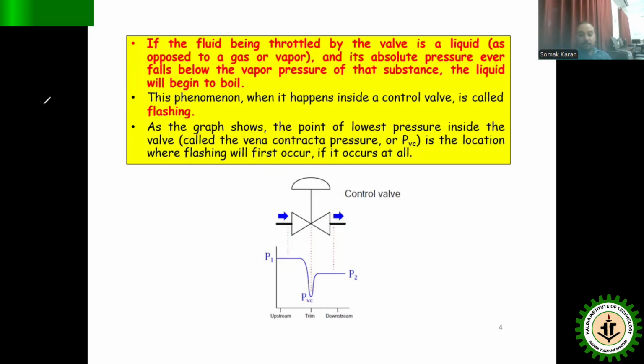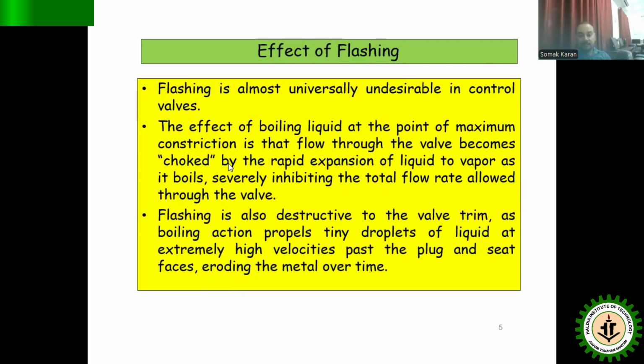Now if we go to the next discussion, what are the effects of flashing? Obviously if such a condition happens and your liquid starts boiling, it is unacceptable. Flashing is almost universally undesirable in a control valve. The effect of boiling liquid at the point of maximum constriction is that the flow through the valve becomes choked.